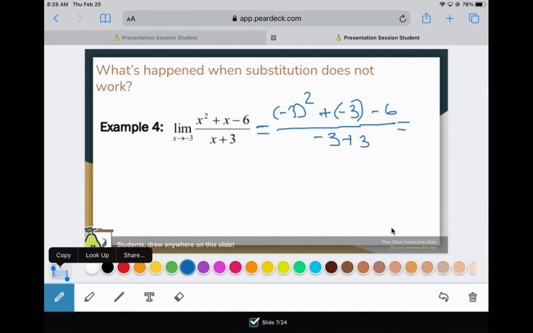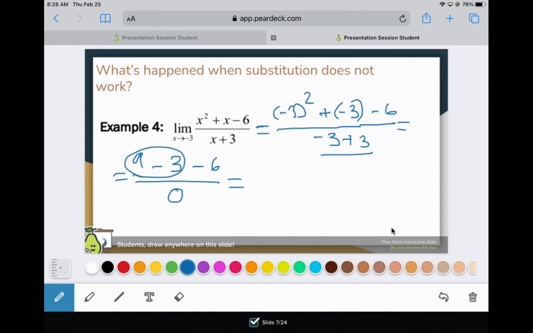Don't copy this, you can copy this down on a piece of paper if that helps you, okay? This would be 9 minus 3 minus 6 over -3 plus 3, that will give you 0. Up here, 9 minus 3 is going to give you 6 minus 6.